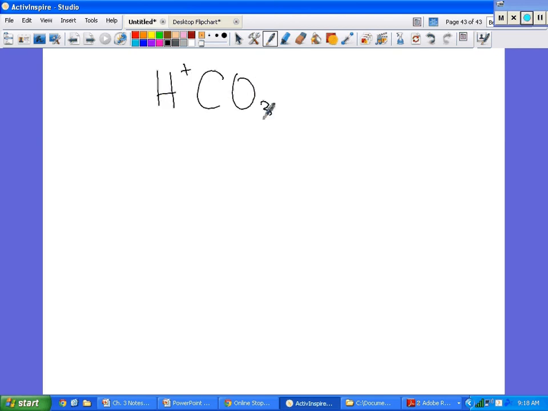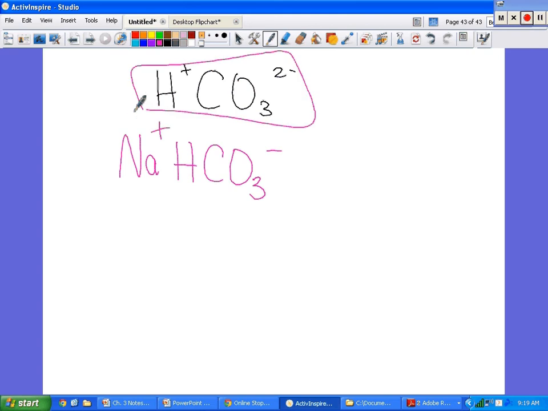So when you combine them, what's going to happen to one of those charges? It's going to kind of neutralize one of them. So that is hydrogen carbonate's charge. Well, then when you put Na in front of it, what happens? That's what happens. So when you put the polyatomic together, the hydrogen neutralizes one of the charges, but it still maintains its polyatomic charge. Okay, so that's why it looks like that.